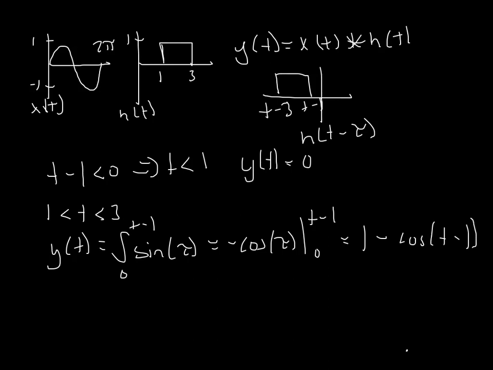And then after that, we're going to be doing t greater than 3 and less than 3 pi. So for 3 less than t less than 3 pi, our t minus 3 line is now past our 0 axis, so the rect function is totally on top of our sine wave.